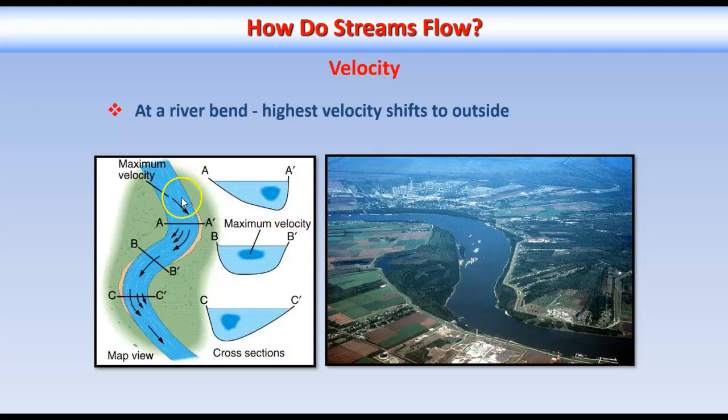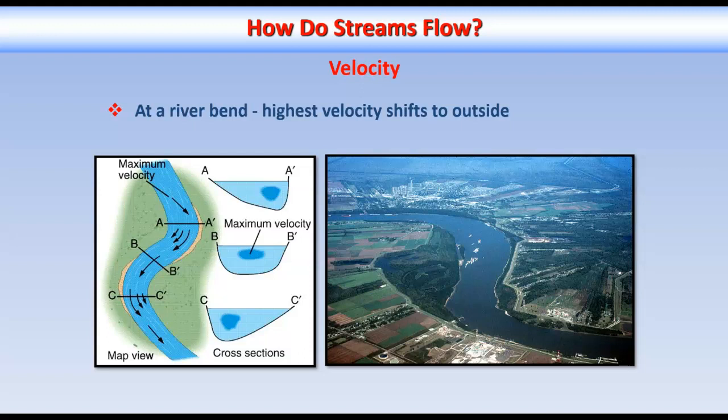And what tends to happen is the outside bend of every river has the highest velocity. And the inside bend here has the lowest velocity. This is what's driving this back and forth movement of the stream over time, which means these streams don't stay in the same location for long periods of time.